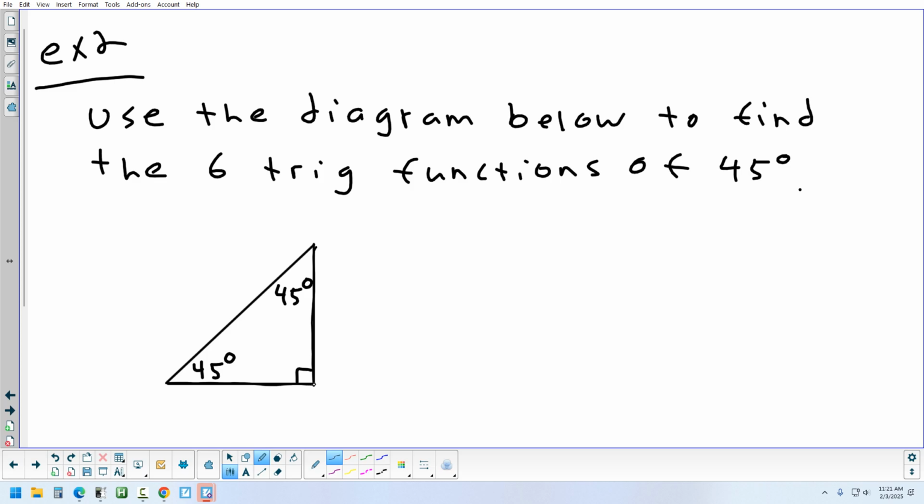Okay, we can pick 2, which means the height is 2, which means if you do the Pythagorean theorem, what's 2 squared? 4 plus 2 squared. So 4 plus 4. 8. So the hypotenuse is the square root of 8, which reduces to what?